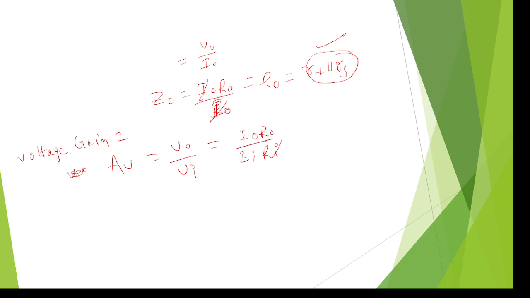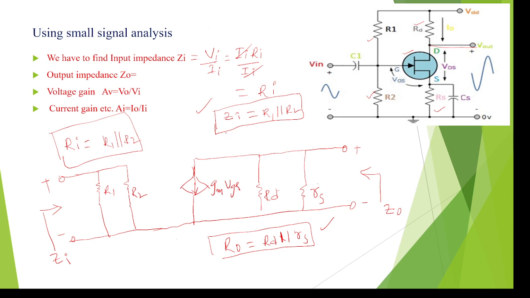So I0 by Ii means the current gain AI, multiplied with R0 by Ri, where R0 is RD parallel to RS and Ri is R1 parallel to R2. So this is the voltage gain. Like this we can find any circuit impedance. Input impedance we can calculate, output impedance we can calculate, voltage gain or current gain, everything we can calculate. Thank you.